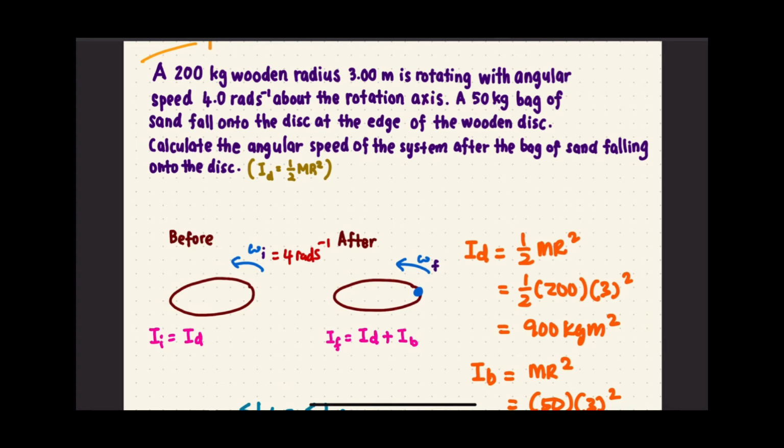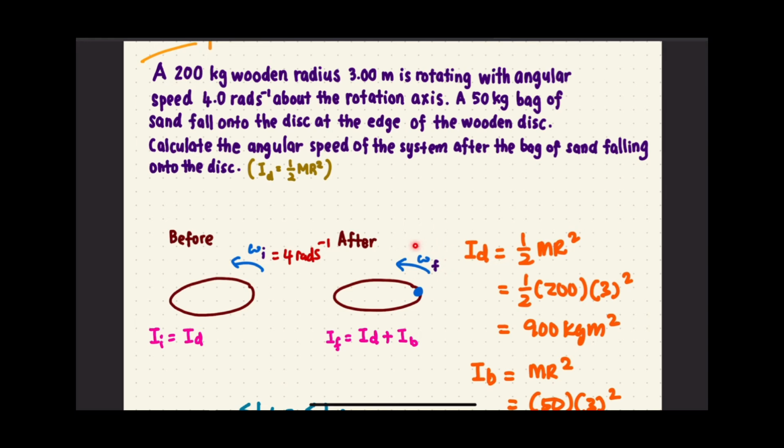Tiba-tiba 50 kg bag of sand falls onto the disc at the edge of the wooden disc. Maksudnya ada tiba-tiba jatuh pula. 50 kg bag jatuh atas hujung wooden disc tadi. Lepas tu calculate the angular speed of the system after the bag of sand falling onto the disc.